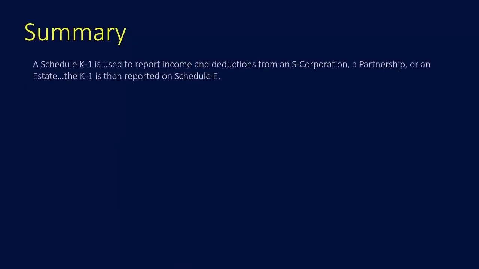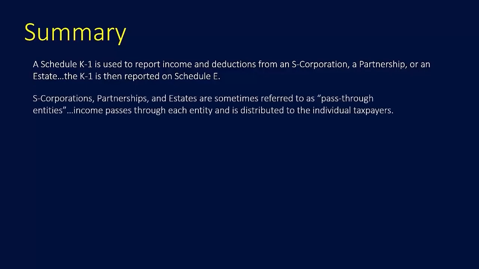In summary, a Schedule K-1 is used to report income and deductions from an S corporation, a partnership, or an estate. The K-1 is then reported on Schedule E. S corporations, partnerships, and estates are sometimes referred to as pass-through entities.